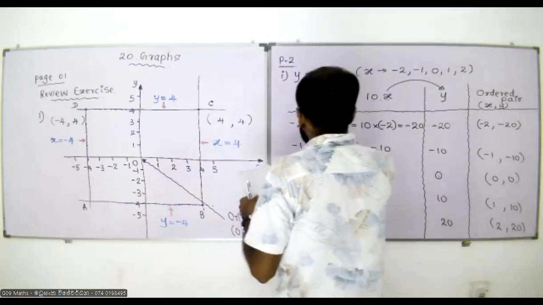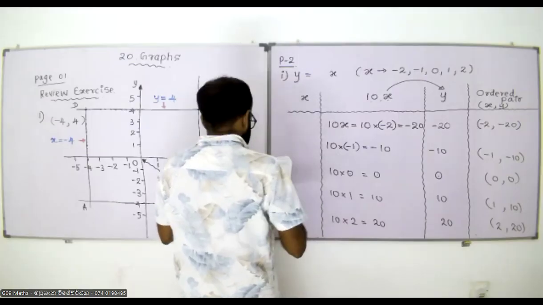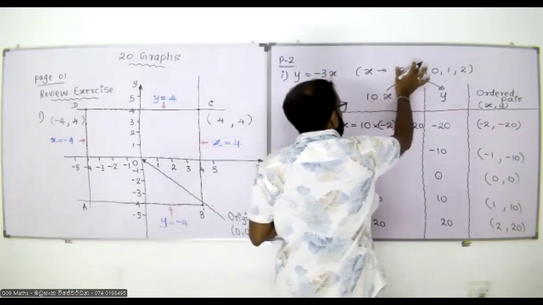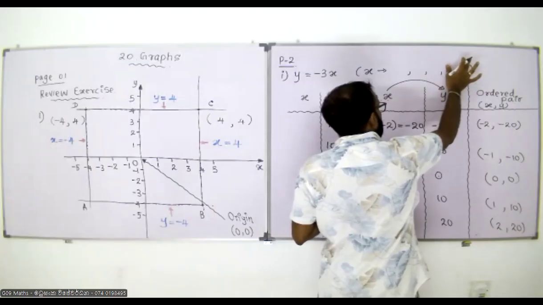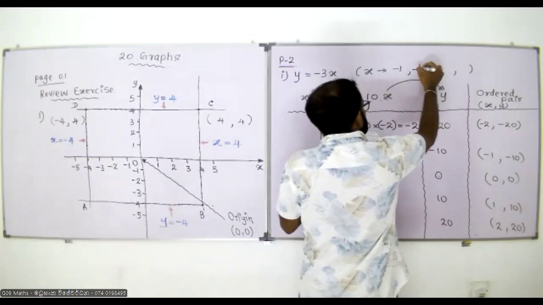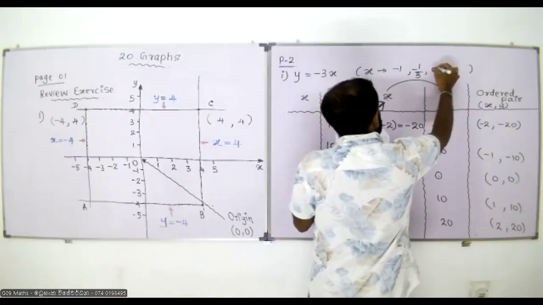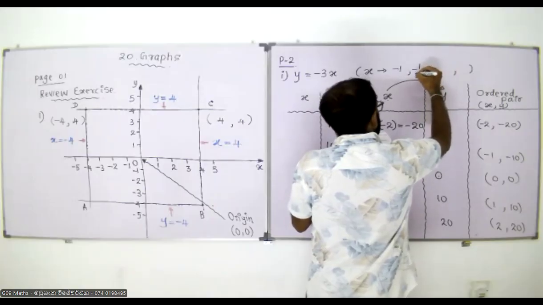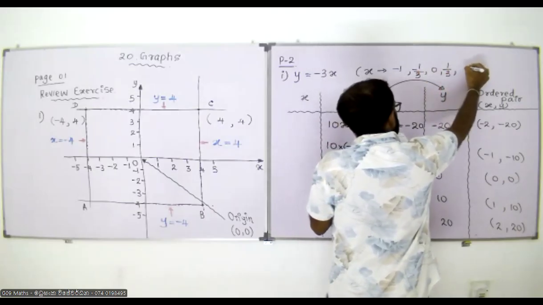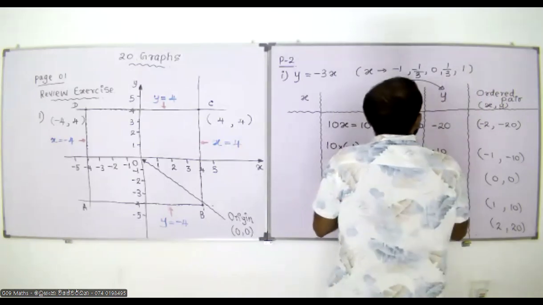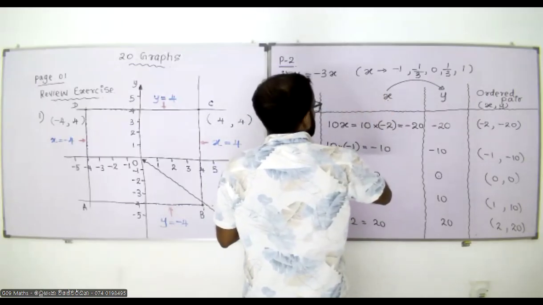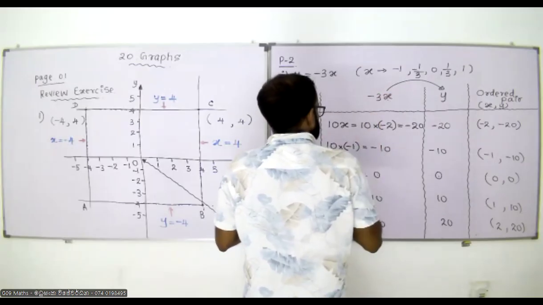Different values have been given: minus 1 over 3, 0, 1 upon 3, and 1. So I'll clear the rest. Minus 3.